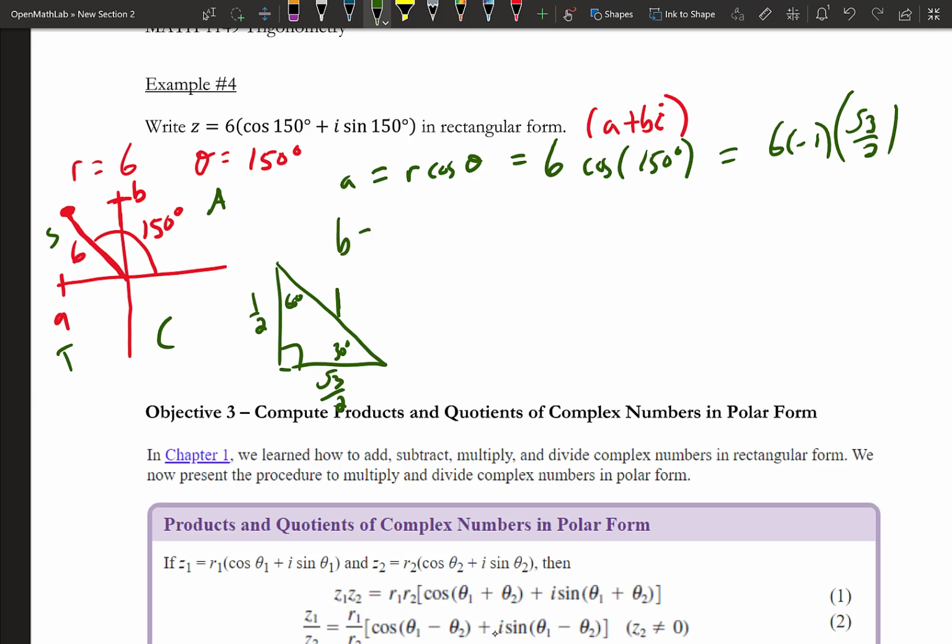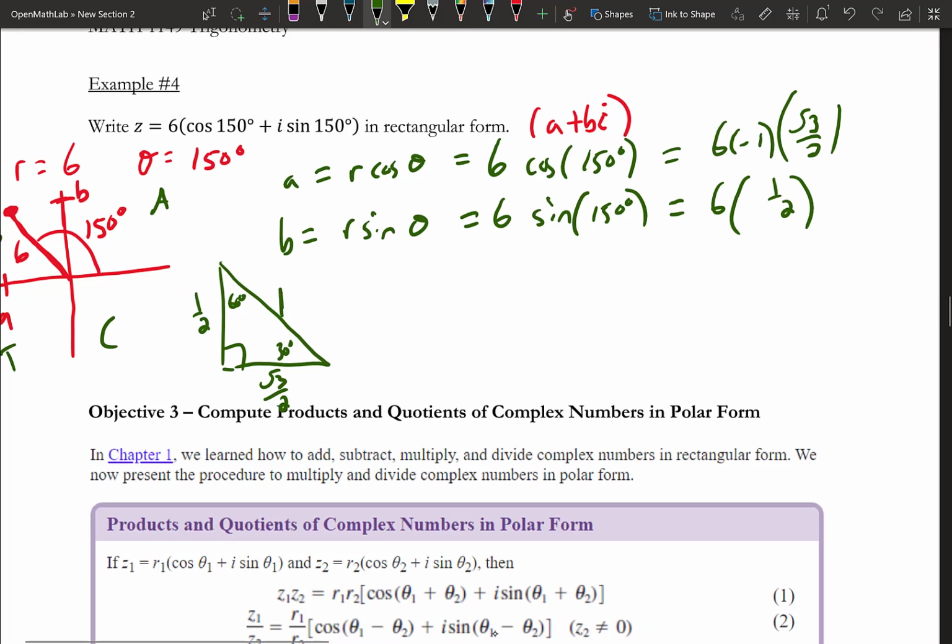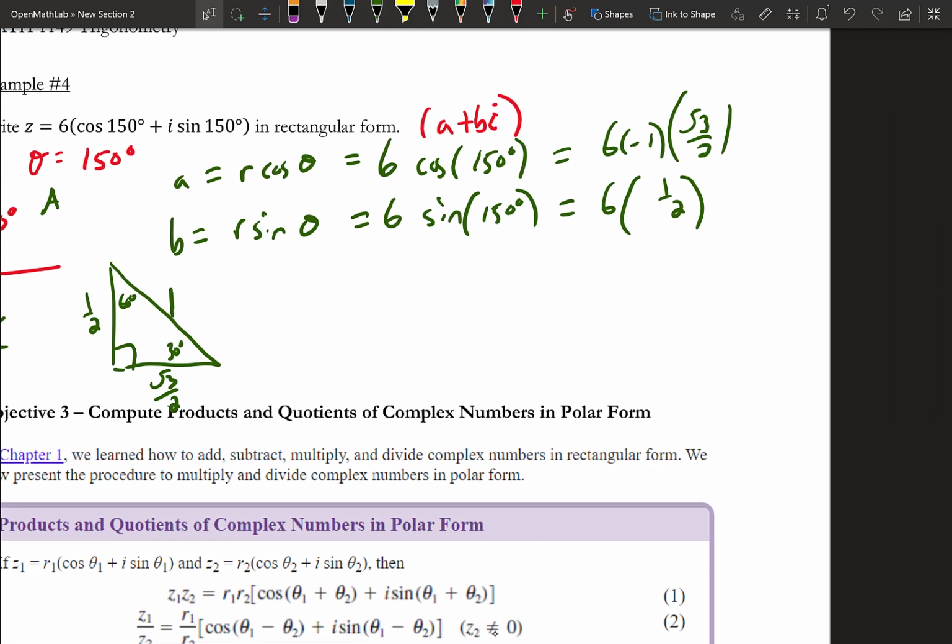And then b is equal to r sine theta, which equals 6 times sine of 150 degrees. And sine is positive in the second quadrant, so this would be 6 times sine of 30 degrees, which is 1/2. It looks like I didn't simplify these. Sorry. So a, if I simplify this, 6 divided by 2 is 3, so this would be negative 3 radical 3.